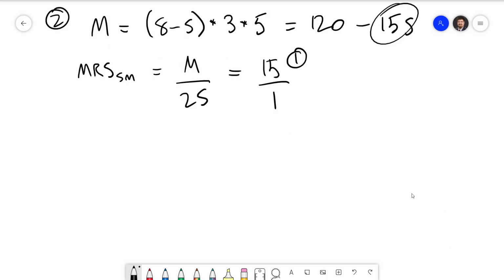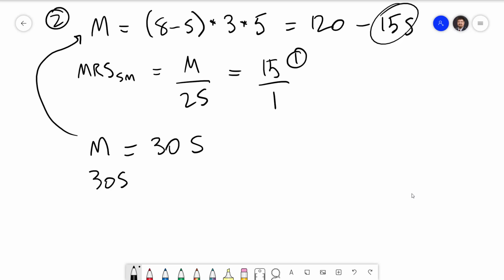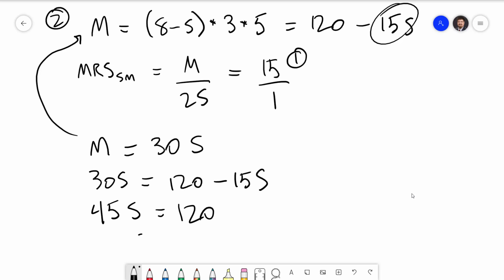Again, I'm going to multiply both sides of equation 1 by 2s, and that's going to give me m equals 30s, which I'm then going to plug in to equation number 2. So we're going to get 30s equals 120 minus 15s. Add 15s to both sides. That will be 45s equals 120. Divide both sides by 45.